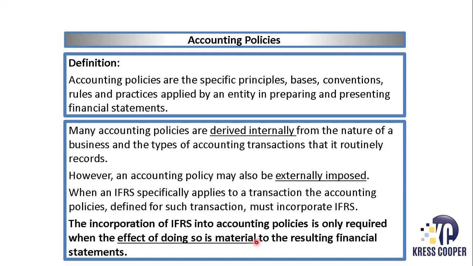So it is an immaterial amount. We can say that we are not going to depreciate this asset. Rather, we will not be capitalizing this asset in our financials and it would be charged to profit and loss. So materiality is something very important while selecting and applying accounting policy.